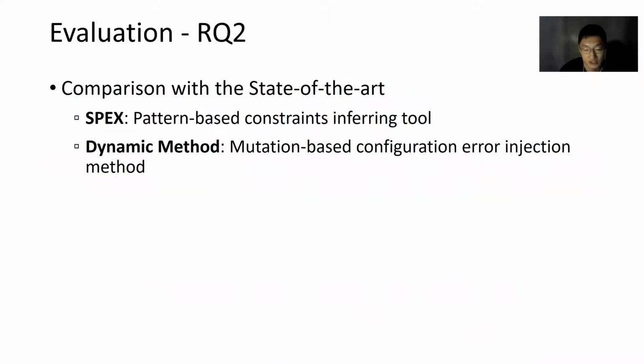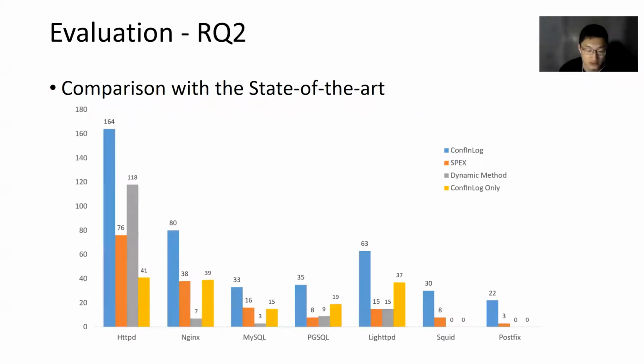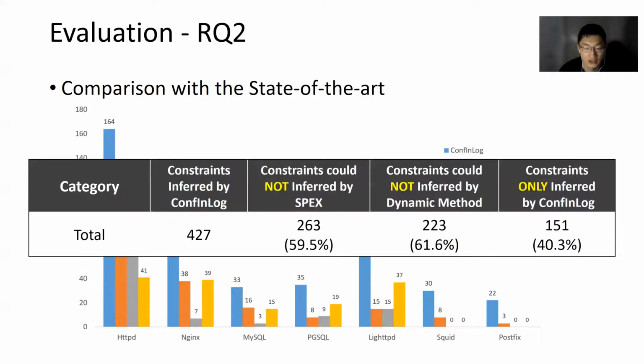We also compare ConfInLog with the state-of-the-art method, SPEX, and the dynamic method. The data shown in the bar graph proves the effectiveness of ConfInLog. In total, ConfInLog could infer 59% to 61% of the constraints that SPEX and the dynamic method could not infer. And also, there are 40.3% of constraints that both SPEX and the dynamic method could not infer.